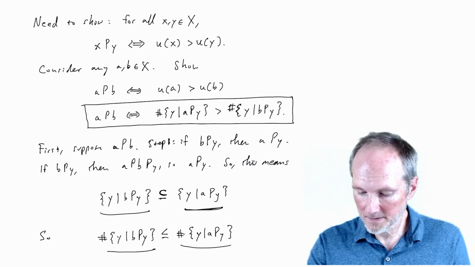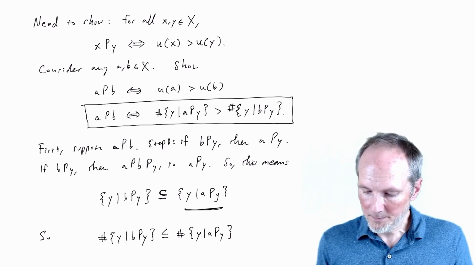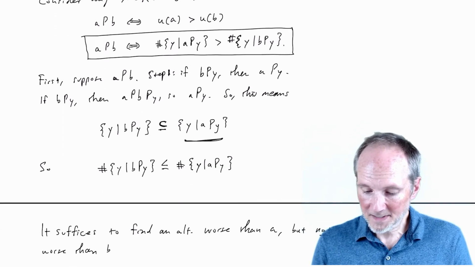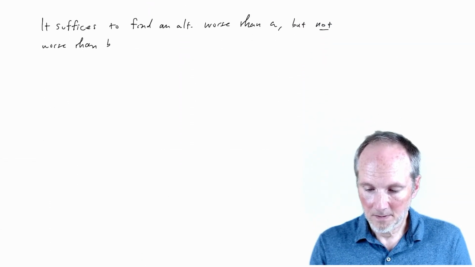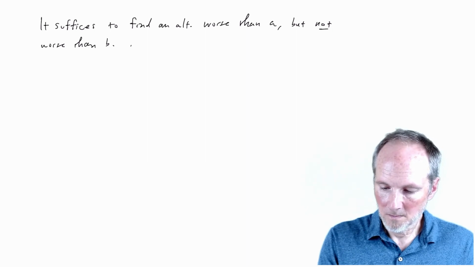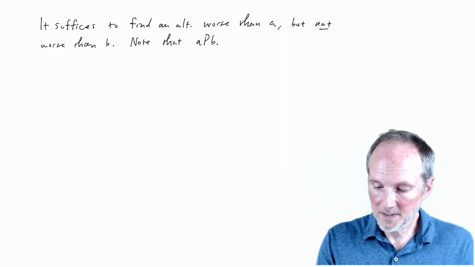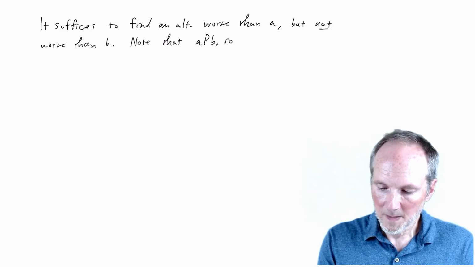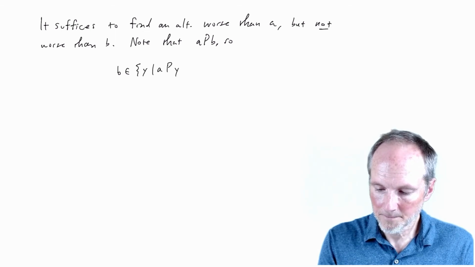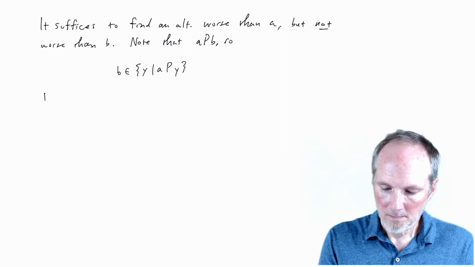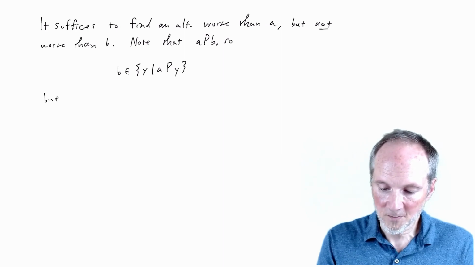All right, anyways, but that's actually really easy. Note that, well, A is strictly better than B. We're assuming that here. So that means that B belongs to the set of things that are worse than A. But B is not worse than itself.